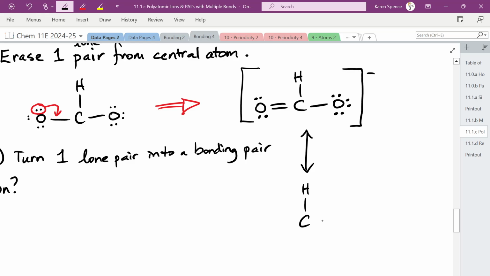Instead of being on the left, I'm going to put it on the right, which means how many lone pairs on the right-hand oxygen now? 2. And now what kind of bond do I have on the left? Single bond. How many lone pairs on that oxygen? 3. 1, 2, 3.